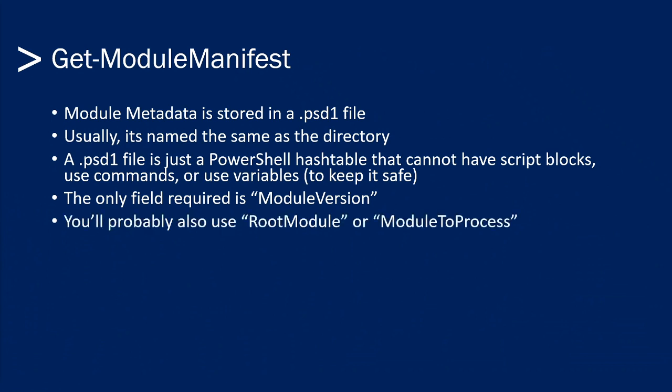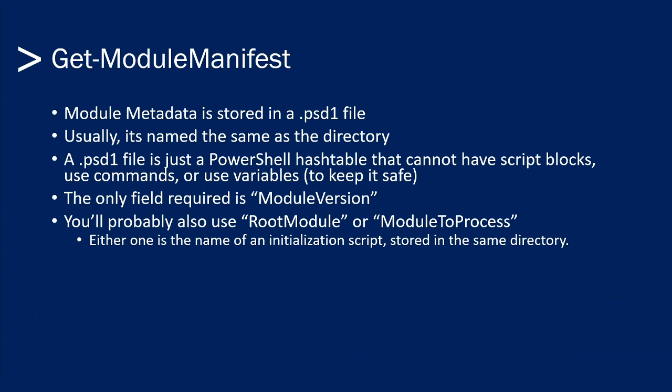You'll probably, however, also use RootModule or ModuleToProcess. Either one is the name of the initialization script, which is stored in the same directory as your PSD1. RootModule is recommended by PowerShell officially. ModuleToProcess works on V2 and greater.